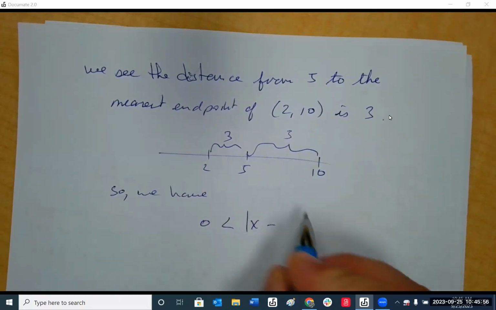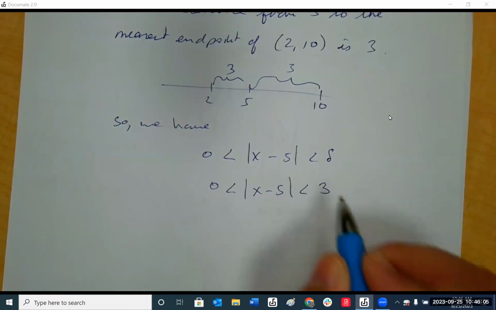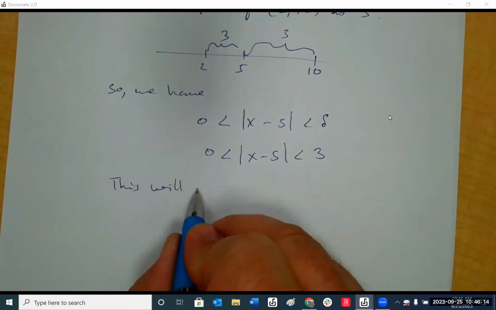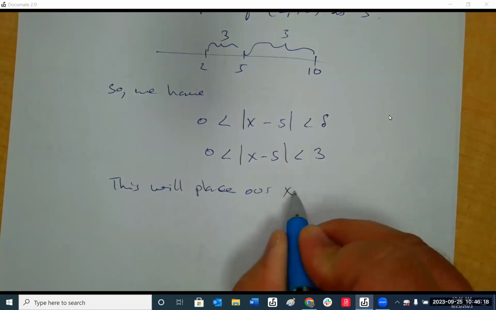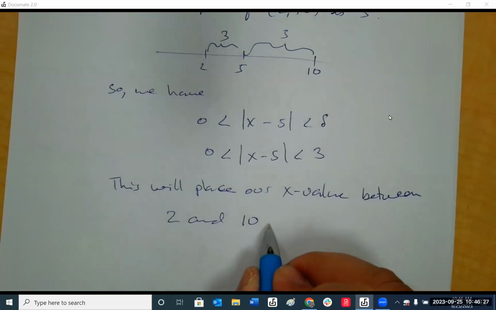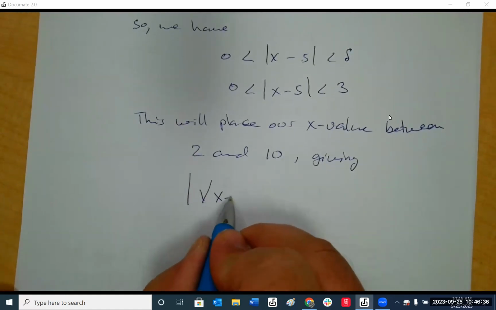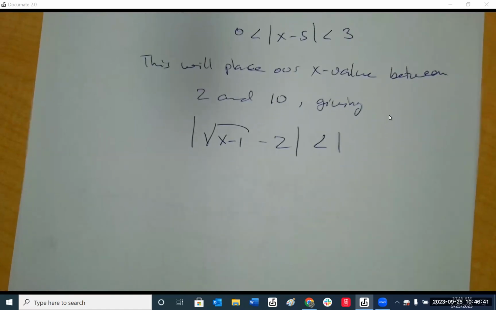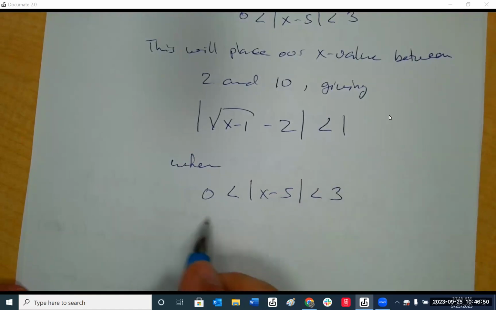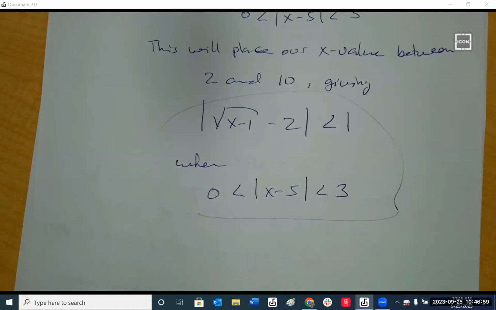So we have |x - 5| < delta, which will place our x value between 2 and 10, giving whatever we have.